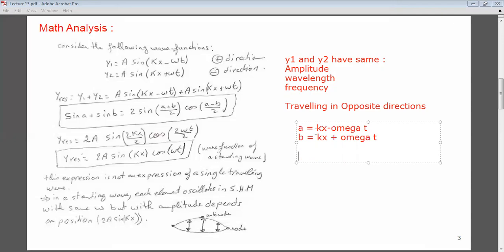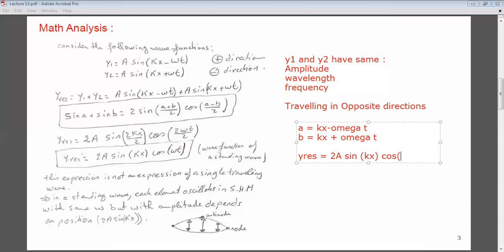So y resultant is equal to 2a sine of kx minus omega t plus kx plus omega t, the omega t terms cancel out, and I have 2kx over 2, so this is kx.